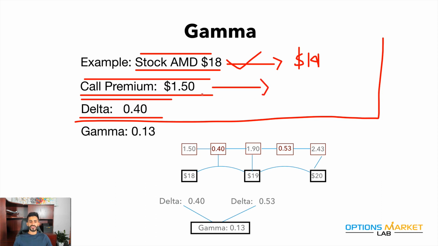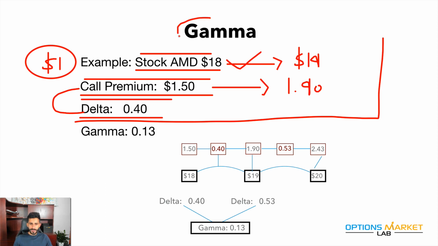The premium increases from $1.50 to $1.90 because remember, delta is added to the premium for every $1 move. Because AMD went from $18 to $19 and moved $1, the call premium will move 40 cents.